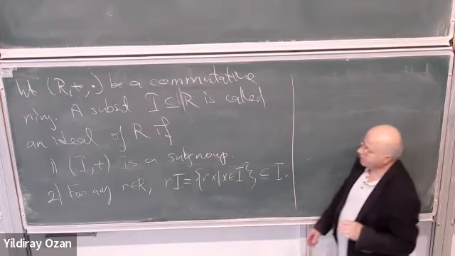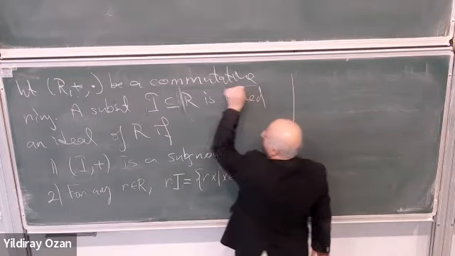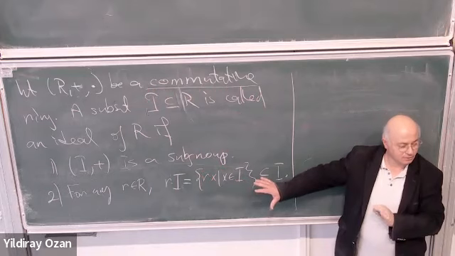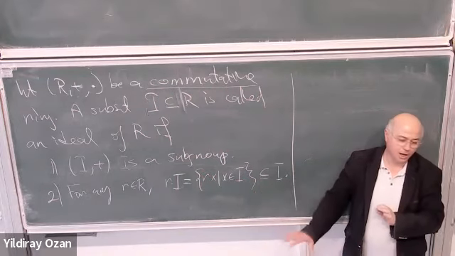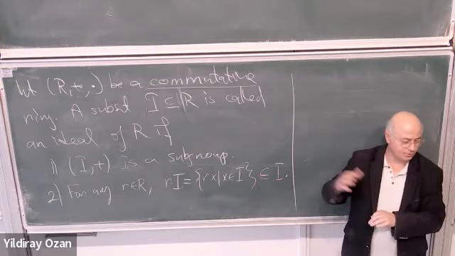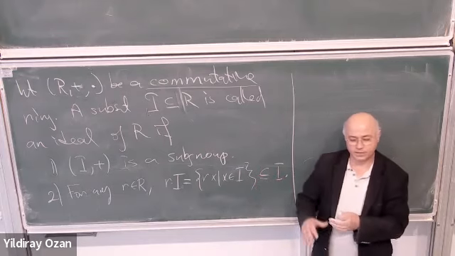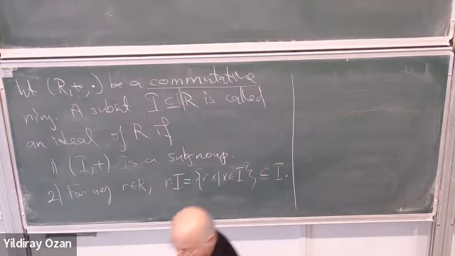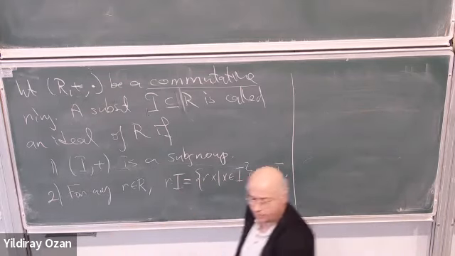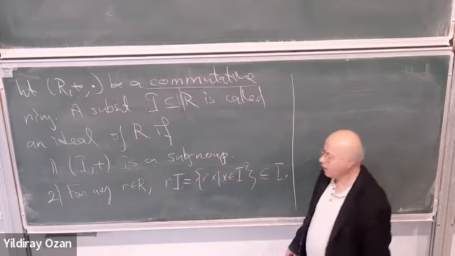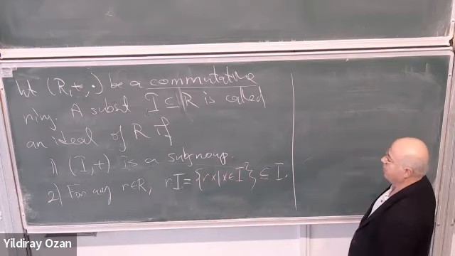In case R is not a commutative ring, like matrices, these definitions are more complicated, because then you have left ideal, you have right ideal, and so on, because multiplication from left and right are different things. So things get complicated. But for us, commutative rings are good enough. So our life is easy in that sense.